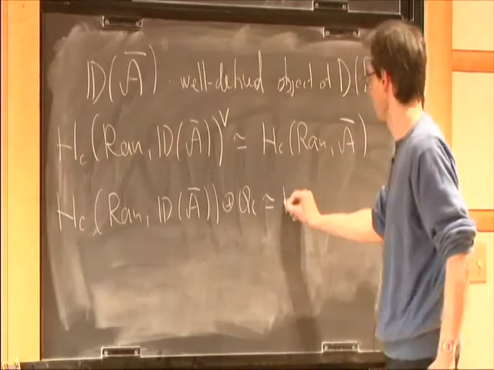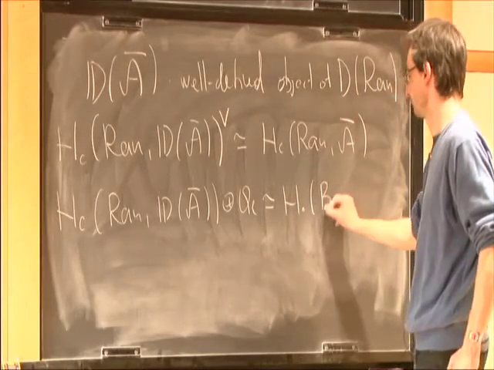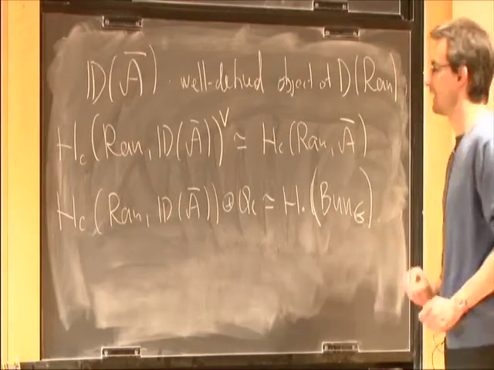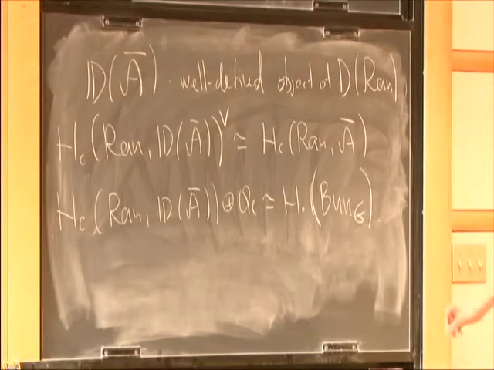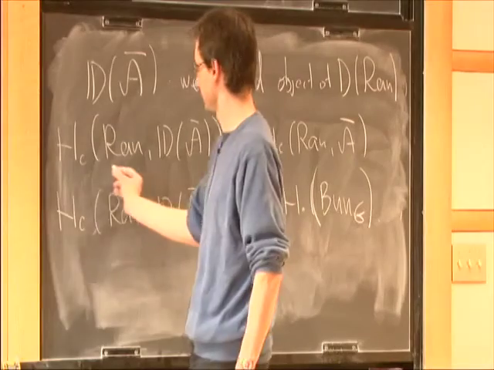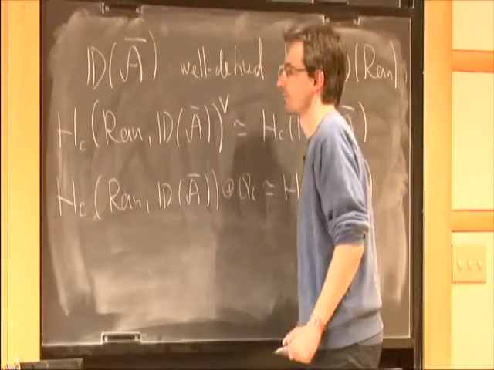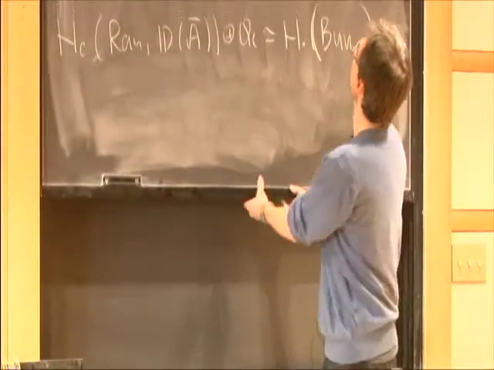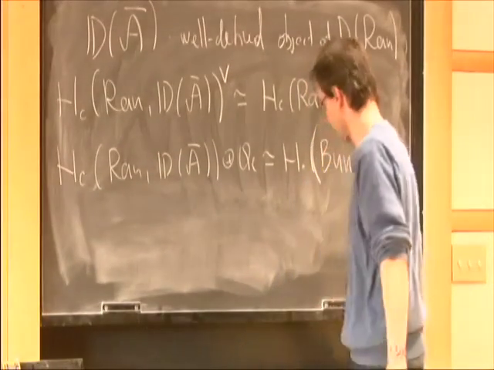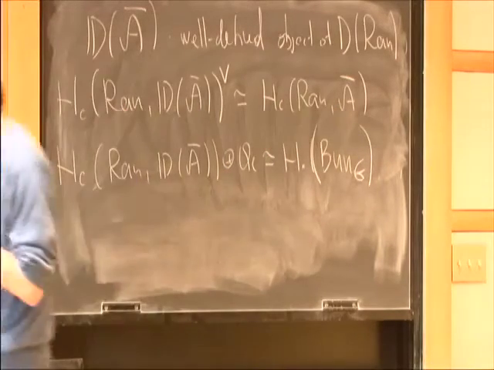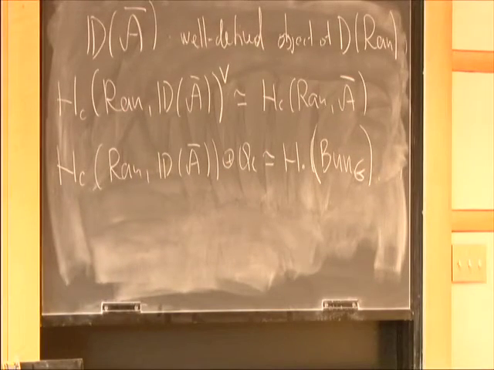What I want is that to be the homology of Bun_G. Now I want to say something funny about the action of the Frobenius on this cohomology.